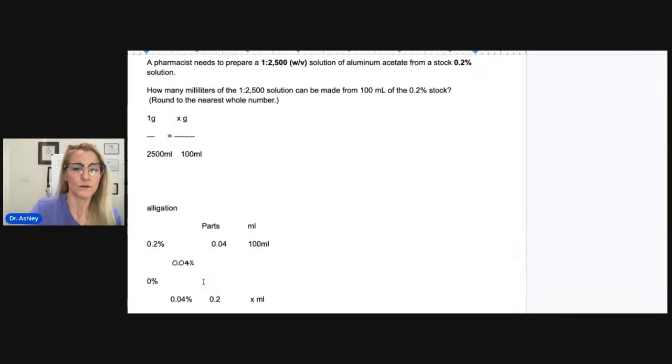I'm going to temporarily move that aside. And I'm going to pretend like this is a proportion. But this is my proportion here.